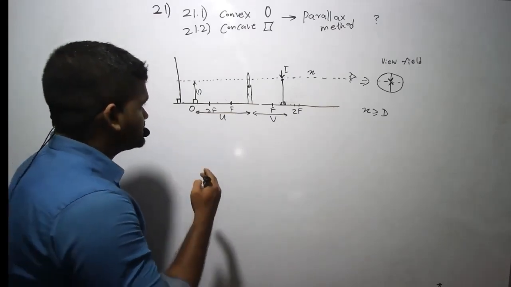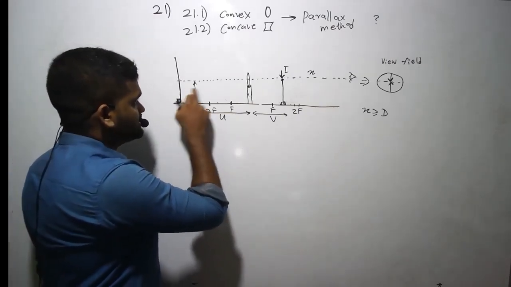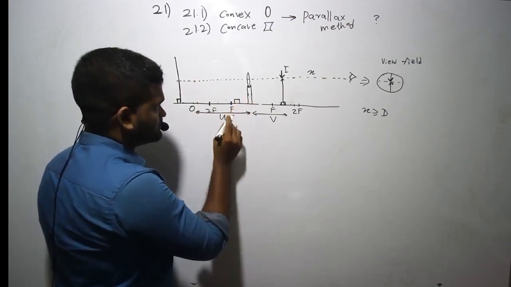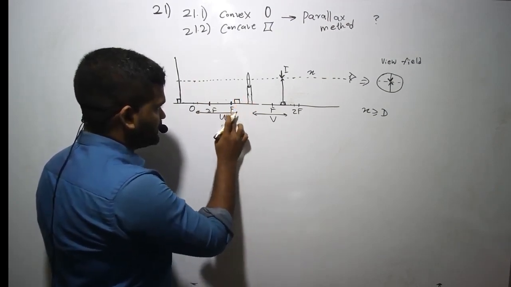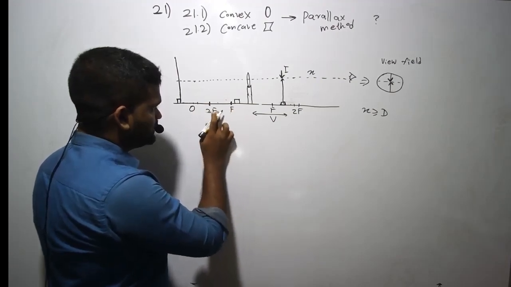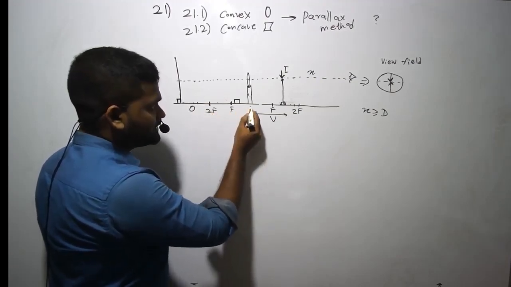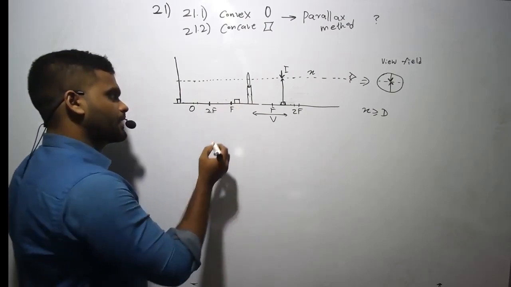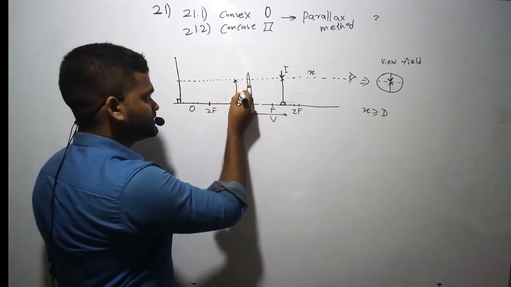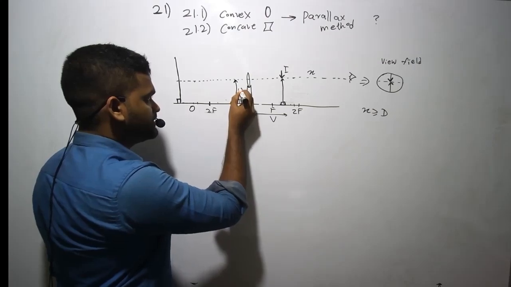Then what changes is when you place this object between F and the lens. So let's say now it is placed here. So this is object pin 1.